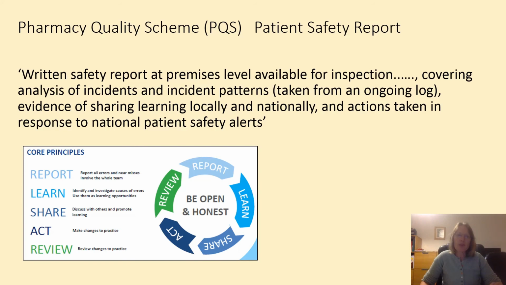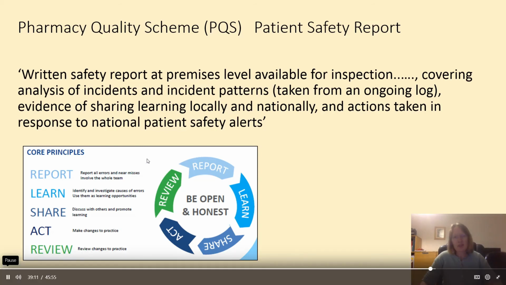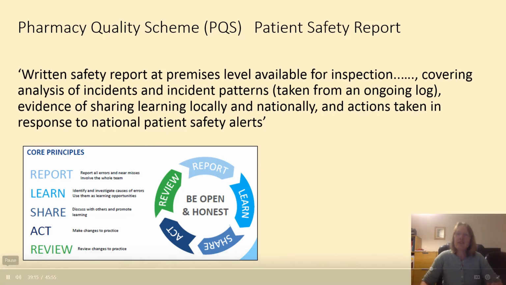So we have to provide a written safety report at a premises level, so at the level of an individual pharmacy, which is available for inspection, and it covers analysis of incidents and incident patterns taken from an ongoing log, so that's your near miss logs and your dispensing error reports, evidence of sharing learning locally and nationally, and actions taken in response to national patient safety alerts.